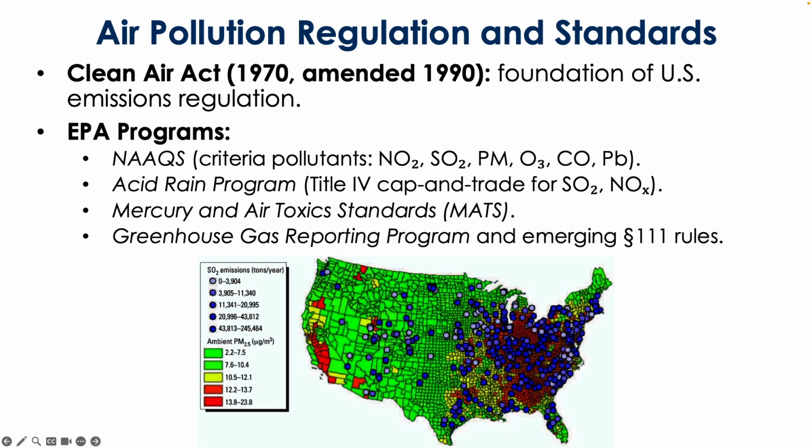And some of these things spun out of the Clean Air Act in the 1970s, which is the foundation for a lot of that emissions regulation. And there are a number of EPA programs that have been implemented to essentially reduce the environmental impacts of all of the combustion that we do.